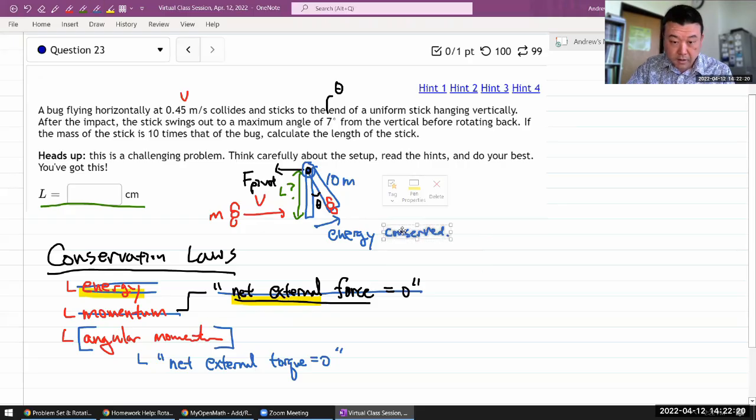So that's kind of the hardest part, figuring out which quantity is conserved during the collision. Once you figure out the angular momentum is conserved, then the rest of the steps are a little bit easier.